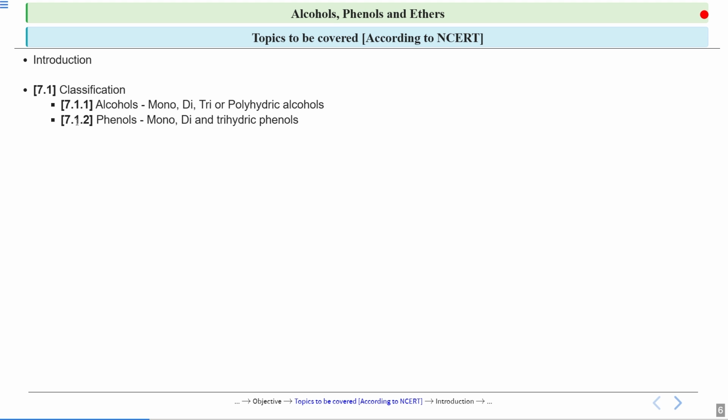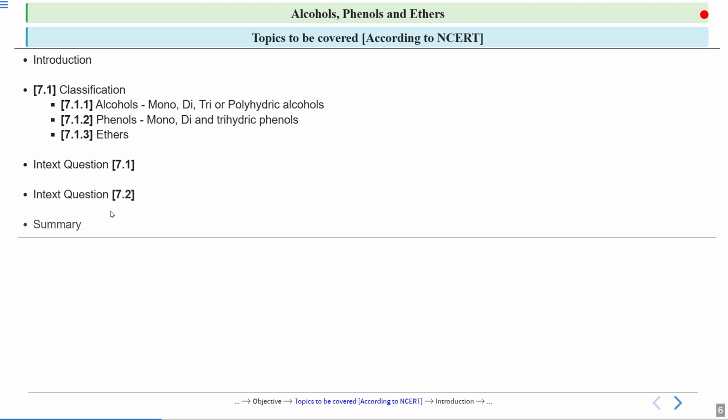And then we also cover the next subsection 7.1.2, phenols: mono, di, and trihydric phenols. And then we also cover ethers, the subsection 7.1.3. And then we will practice in-text question 7.1, also in-text question 7.2, and then we will conclude with the summary.